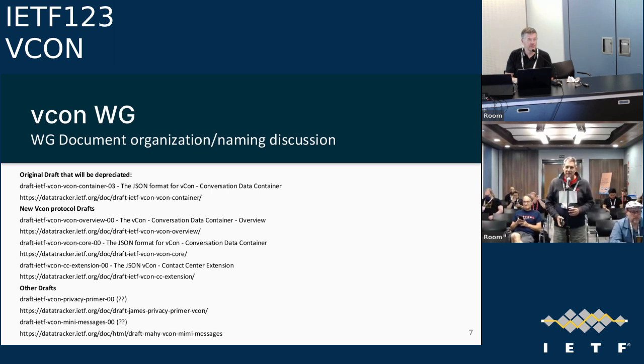I'll get to it next week, but I can upload a new version that uses the extension framework that was defined in the VCON draft. Yeah, and maybe we can just validate that we're good on the extension mechanisms and things like that. Yeah. Sounds good. And there was a privacy primer update as well to make it a working group document. So I think that's sort of the current state. Just wanted to validate everybody was on the same page there. And we can continue discussing if there aren't any other questions.